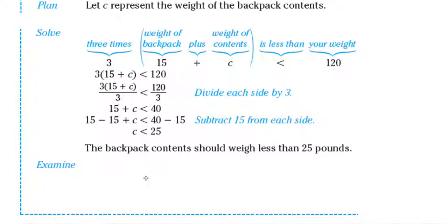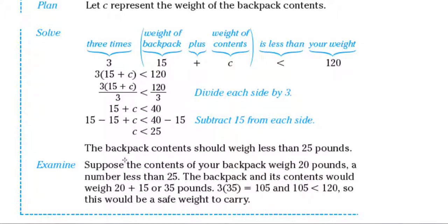Do this with your own backpack. If you weigh around 120 pounds, then this should be the weight of your backpack. If it's a rolling backpack, it doesn't matter. Now we're checking our answer. Suppose the contents of your backpack weigh 20 pounds, a number that is less than 25.